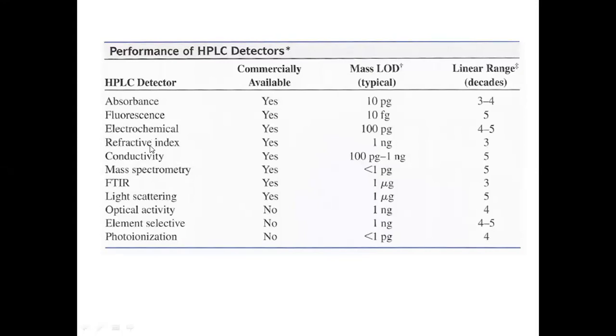The universal detector for HPLC or liquid chromatography is going to be the refractive index detector, which will be having a mass LOD of 1 nanogram, highly sensitive detector, 1 nanogram, and the linear range of 3 decades.